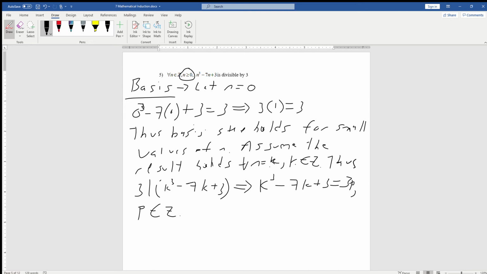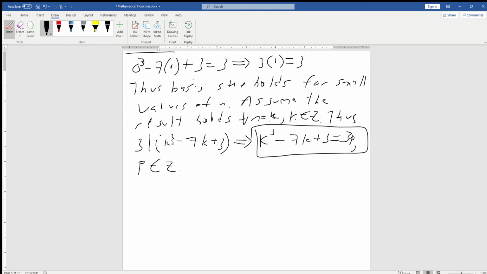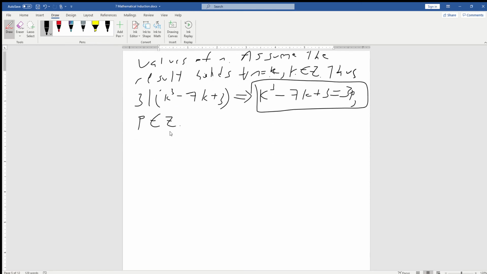All right. Now we're going to hold on to this because that's what we're going to substitute when we do the inductive step. So we're going to do the rest of this. Okay. So now we're going to let n equal k plus 1. And the goal is to show that n equals k plus 1 is divisible by 3. Okay.